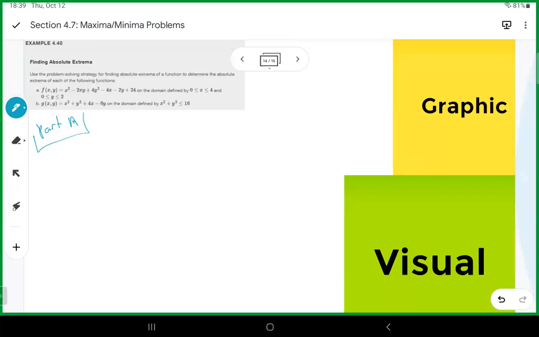All right, so for part A, there's no real surprise. We're going to find the partials and set them equal to 0. If no one saw that coming, I would be shocked.